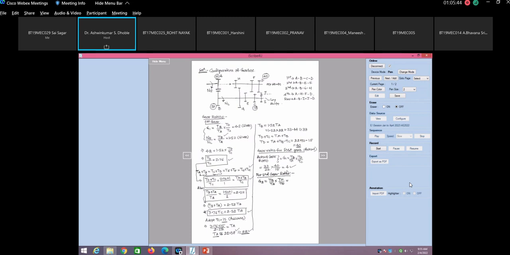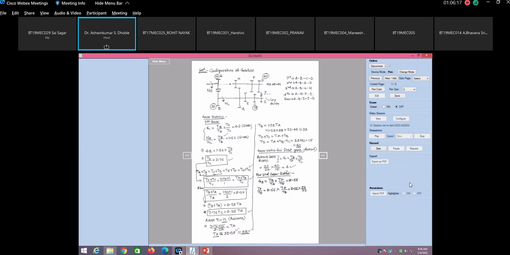So this he has given as 2.56. Now TB by TA we know, so TF by TE comes out to be 2.56 into TA on top by TB. So let us say this is 2.56 multiplied by TA, which is 22, by 33.